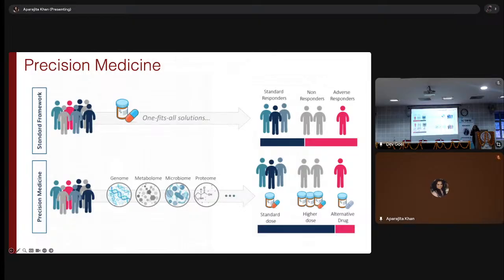You give the same solution, maybe the same drug, to all the lung cancer patients, and some of them give a standard response, some do not respond, and some have adverse effects from their treatment. Personalized medicine is about looking into the data. The data can be of different types, but the data we are focusing on here is genomic profiles, because cancer is a genetic disease.